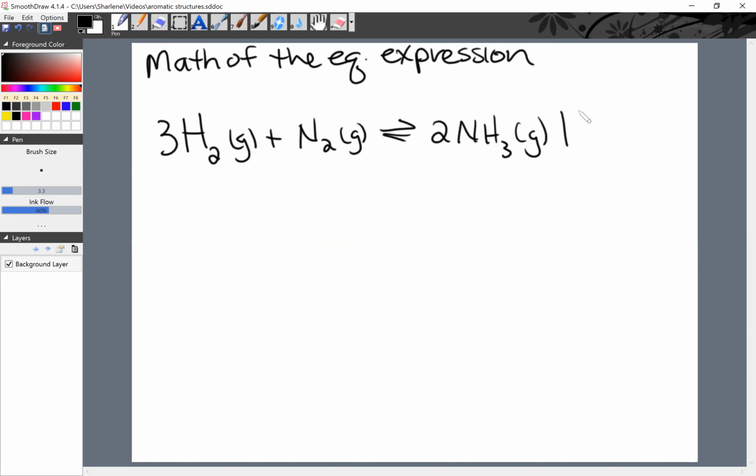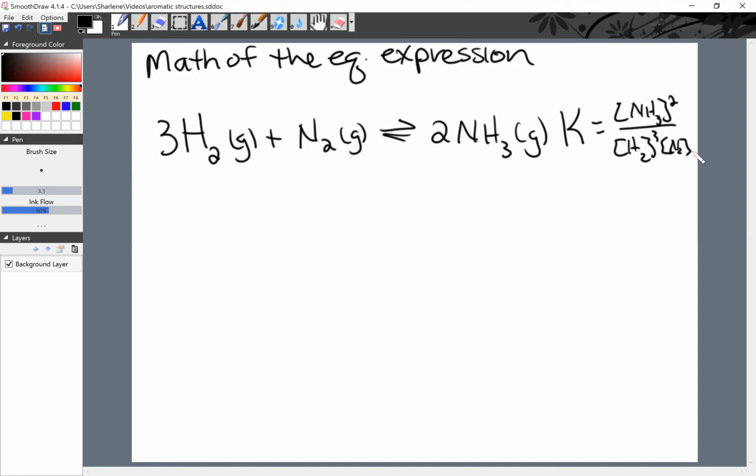All right, so I know K is equal to NH3 over H2 N2. All right, that is my equilibrium equation and my equilibrium expression.